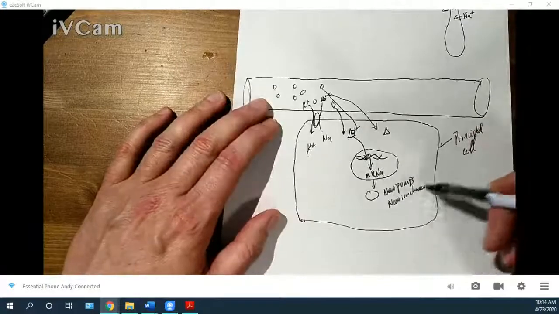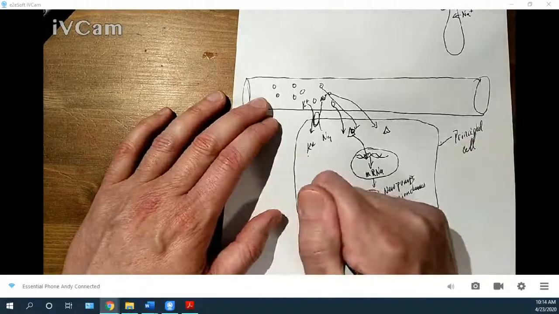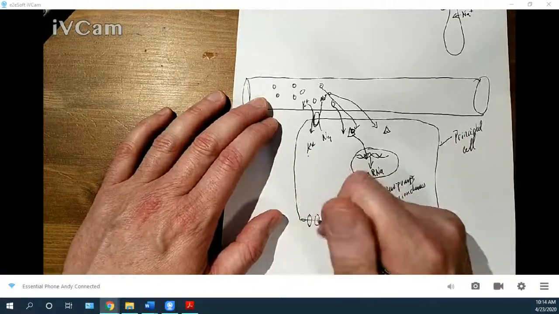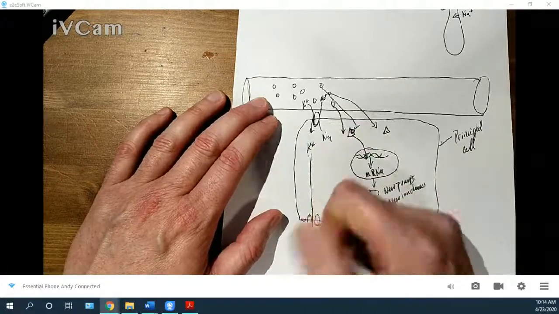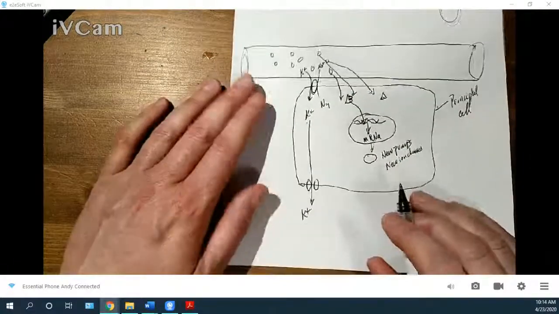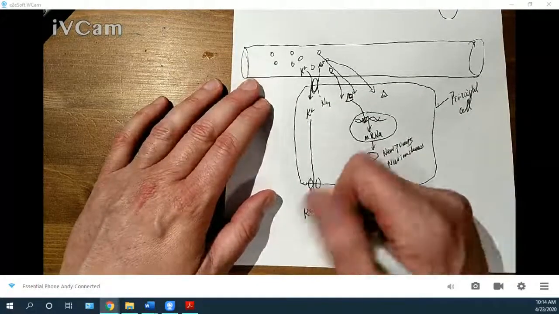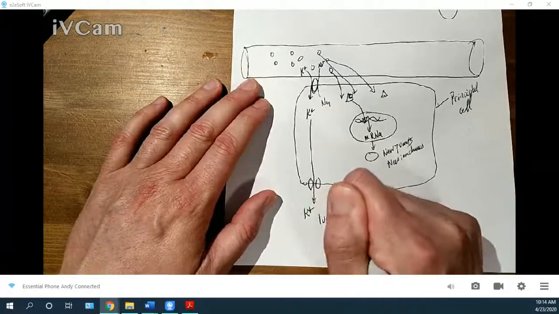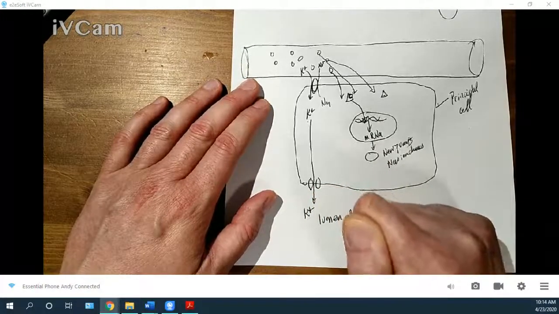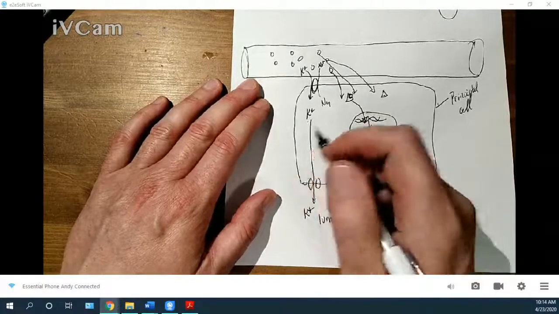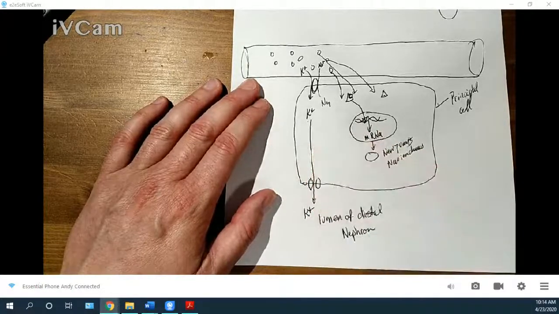So remember, we need to make new pumps, new ion channels. So one of the pumps and ion channels is potassium specific, and this potassium is going to now be excreted, or secreted, into the lumen of the distal nephron. So potassium's been secreted at this point.